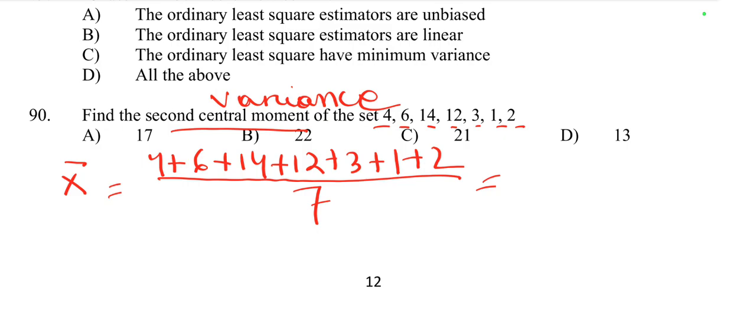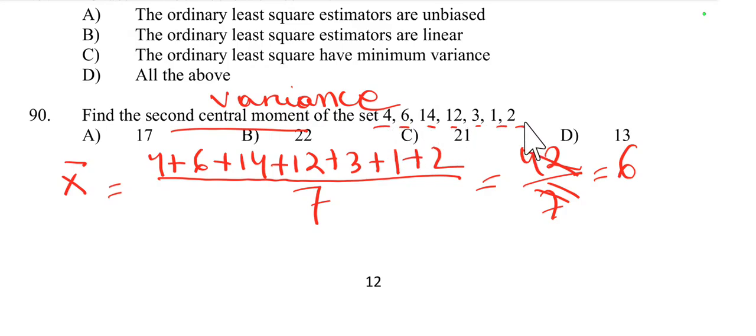The sum of all these numbers is 42. 42 by 7 is equal to 6. So mean is 6, but we have to find out the variance of the set 4, 6, 14, 12, 3, 1, 2.